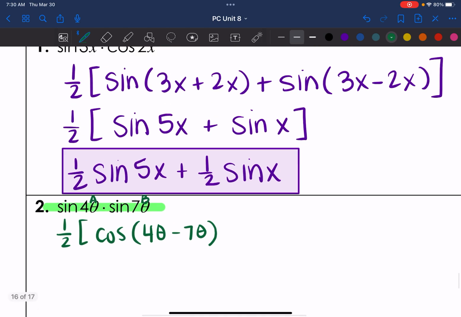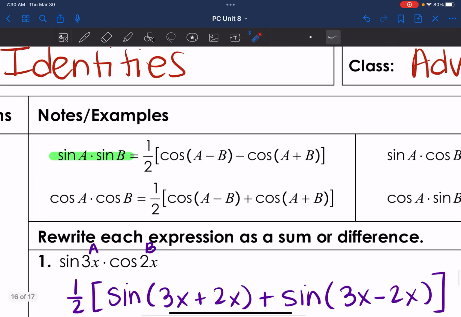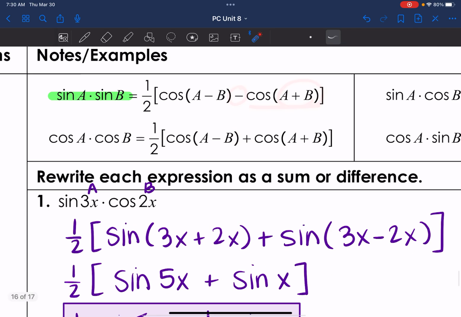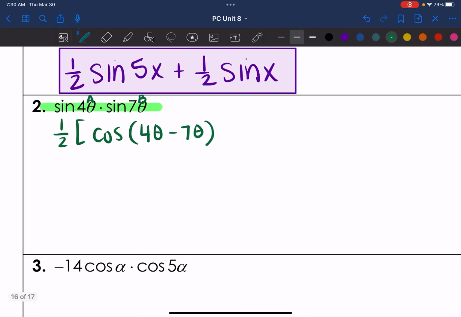Close that. Okay, then if I follow here, it's minus cosine of adding those angles. So minus cosine of A plus B, so 4 theta plus 7 theta. And then close those square brackets.